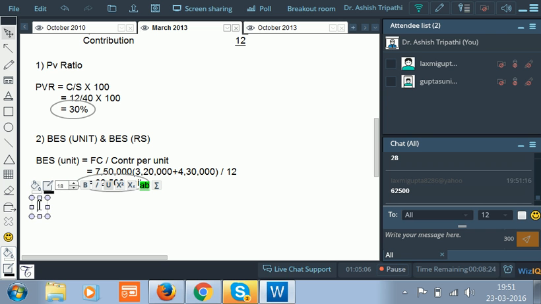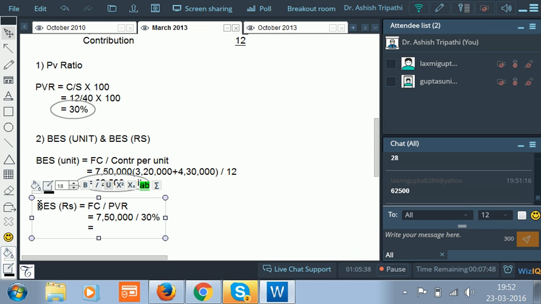Now we will calculate break-even sales in rupees. Break-even sales in rupees, and the formula is fixed cost upon PV ratio. So we can take fixed cost as 7,50,000 upon PV ratio.